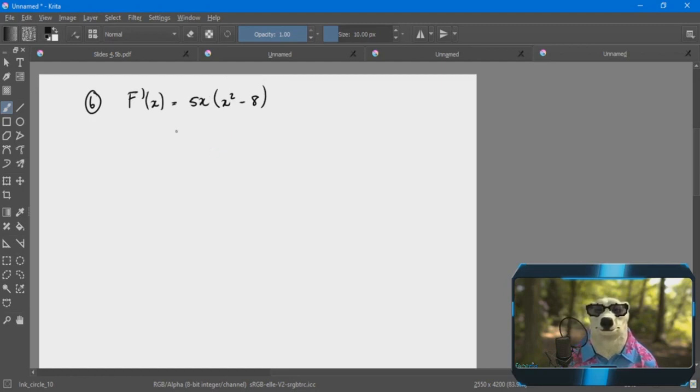But in the early stages, we should realize that we can simplify this first by multiplying the 5x in to get 5x cubed minus 40x. Now I'm back to a more basic situation that I can handle right now. So now I can start constructing my original function, my antiderivative, by looking at it one term at a time, saying, okay, 5x cubed.